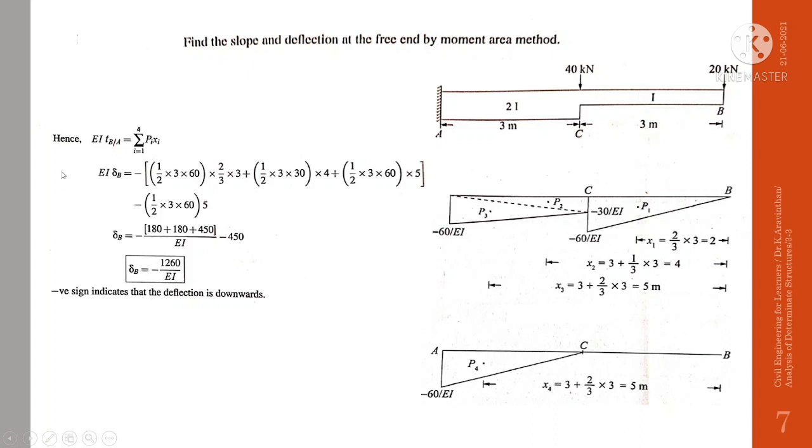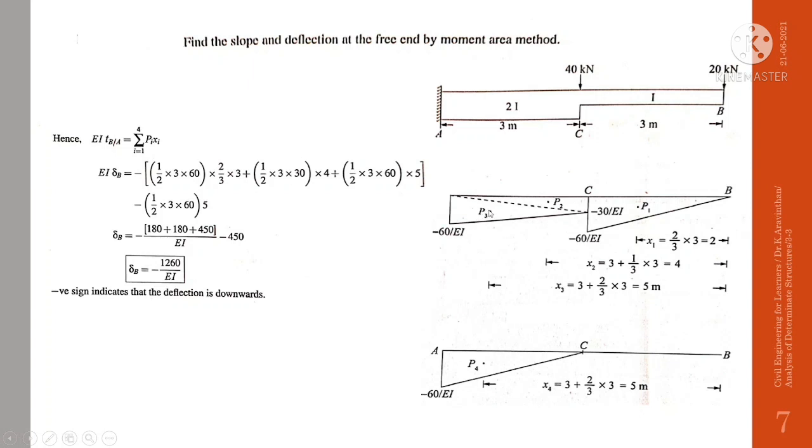Okay, so in order to find the deflection, let us find the first area. Half into 3 into 60 is written here, into the centroid, which is 2 meter, as we have already found. Plus the second area is P2, half into base 3 and height 30, into 4 meter, that is the centroid.